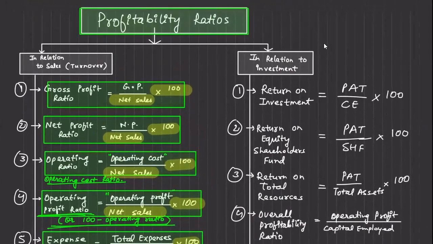Okay, now let us calculate the profitability ratios in relation to the investment, what amount I have invested. For example, in a layman's language, let's try to understand what this concept means. For example, there is one company, X Limited.